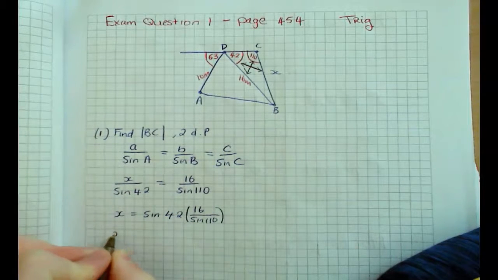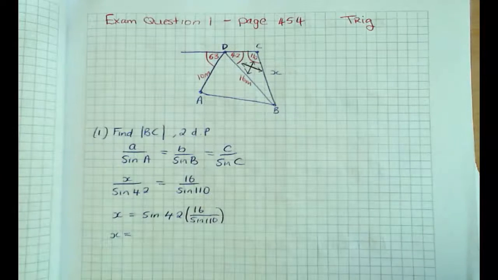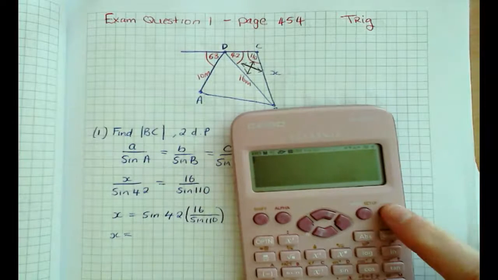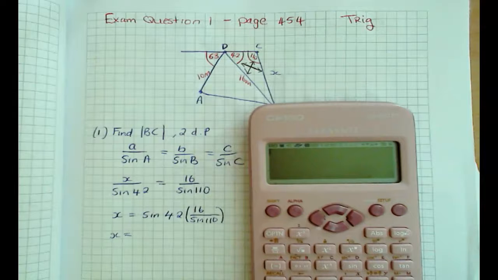When we put all that into a calculator, sine 42 times 16 over sine 110, close your bracket.